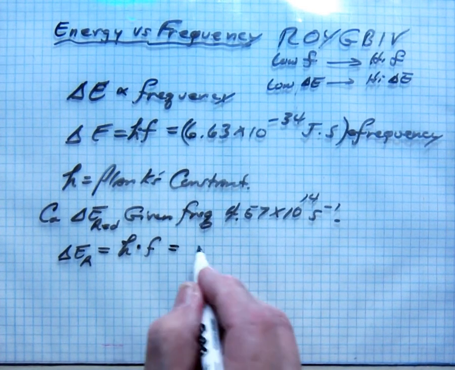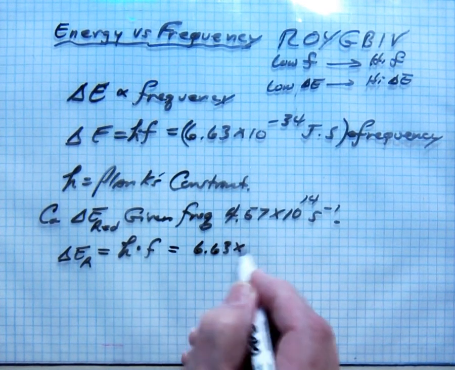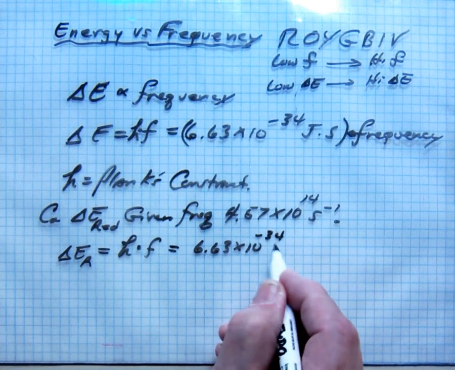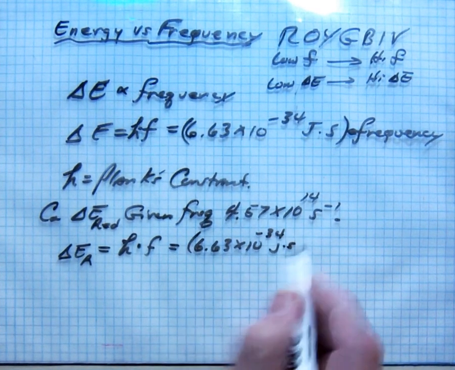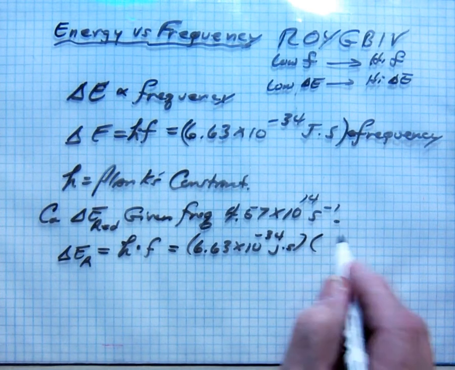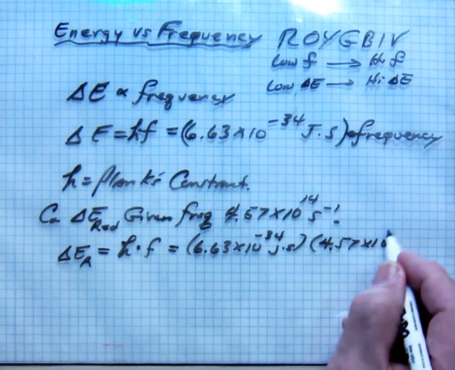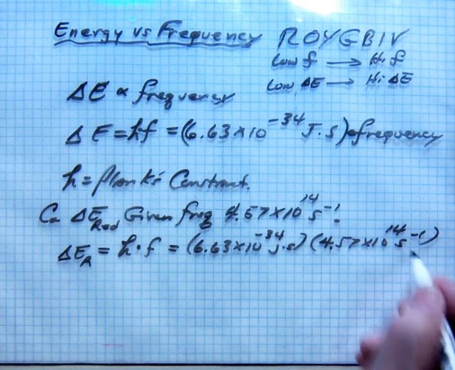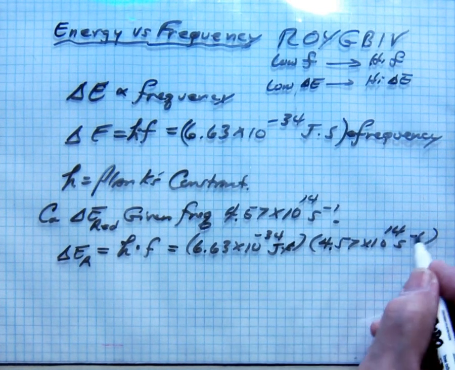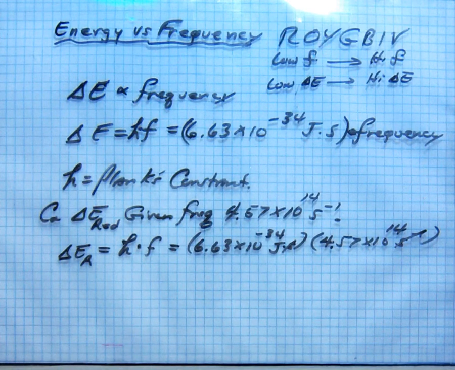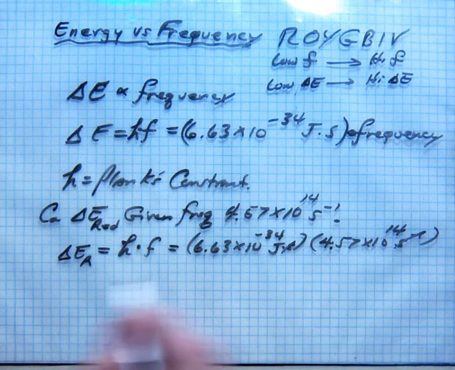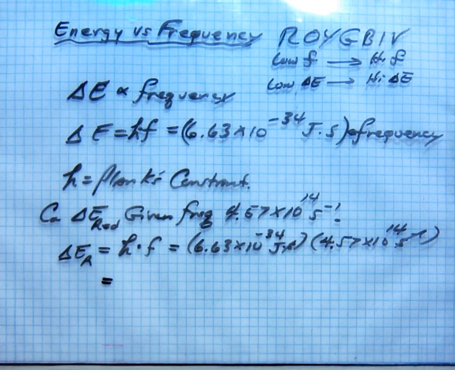That is 6.63 times 10 to the minus 34 joule seconds times a frequency of 4.57 times 10 to the 14 seconds to the minus 1. So seconds will drop out easily enough, and all you're left with is joules. Multiply the two together and you'll have the energy of one photon of red light. That's what the equation is describing. I'll write it down in a minute.